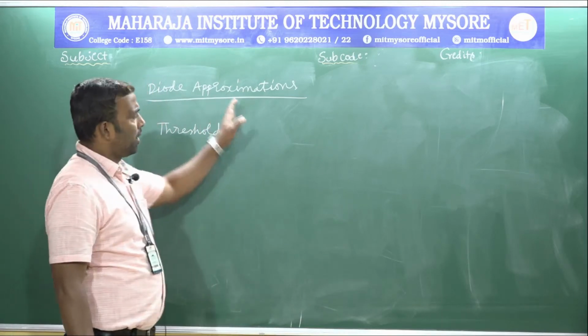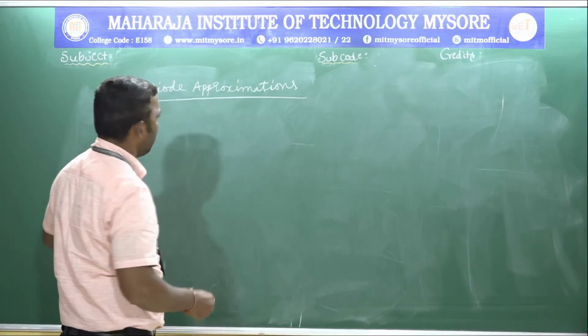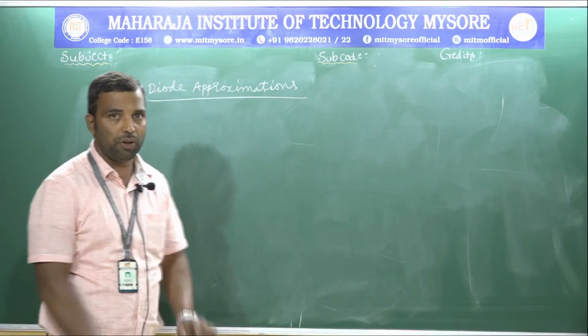In diode approximations, we have three approximations. The name indicates that these are approximations, not the practical one.